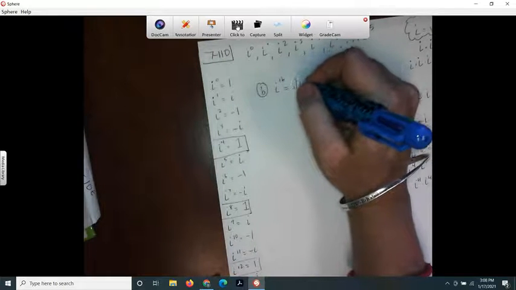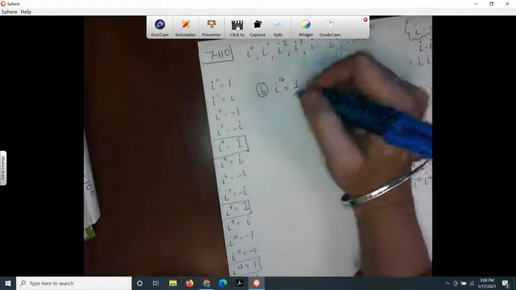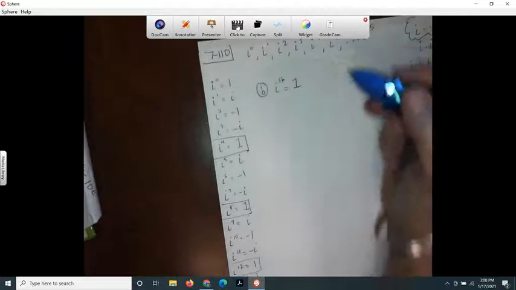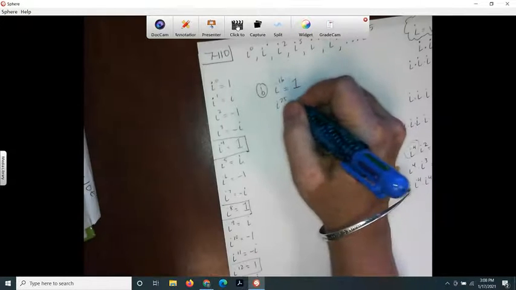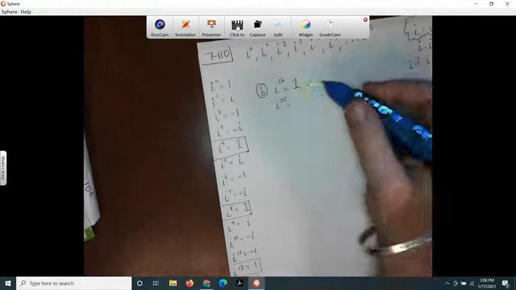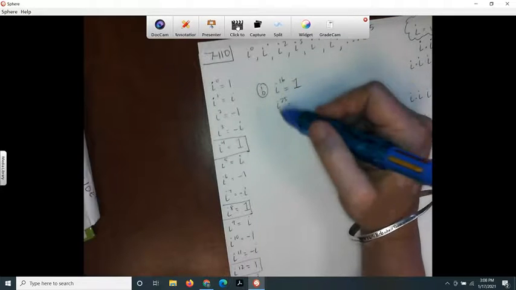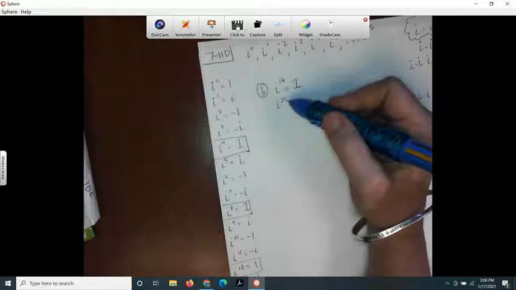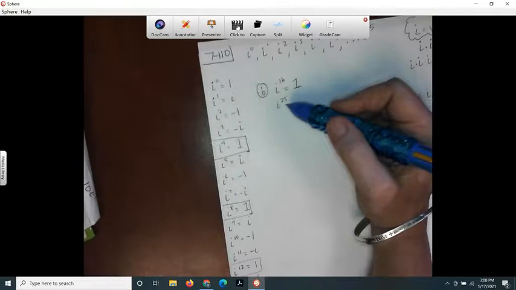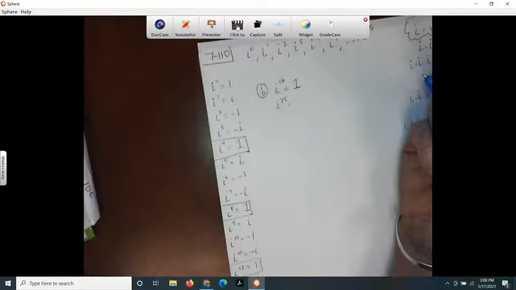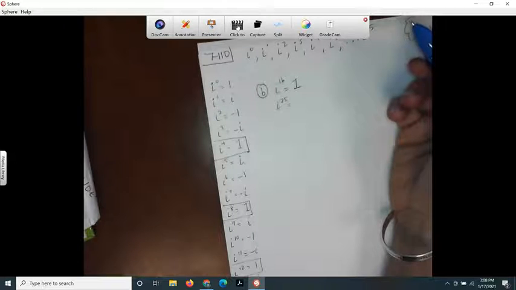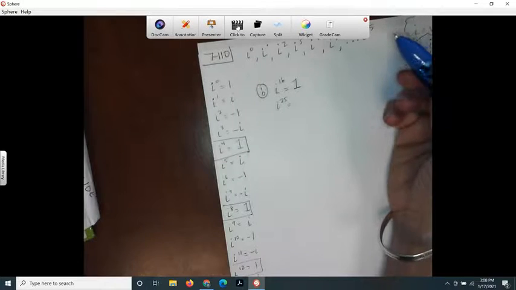Well, i to the 25th. So I like to base all of this on multiples of 4. So what I would do is divide 4 into 25. Like 4 times 6 is 24, and there'd be 1 left over. So in other words, whatever the remainder is, that's what you're going to raise i to.